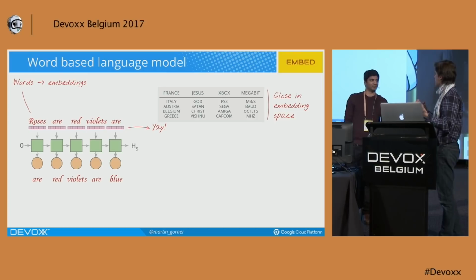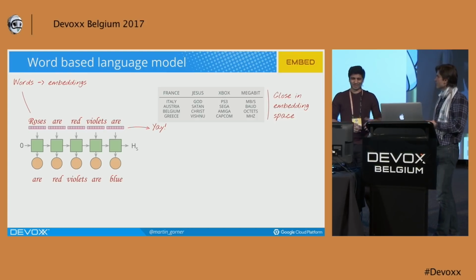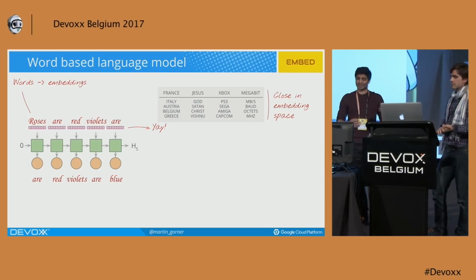So what kind of properties are we seeing there? Yeah. So as Martin says, anytime you do a deep learning exercise with natural language, you're going to generate some embeddings. And these embeddings can be useful in other problems.